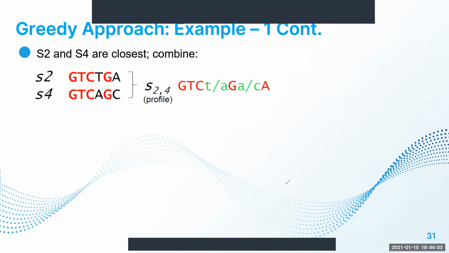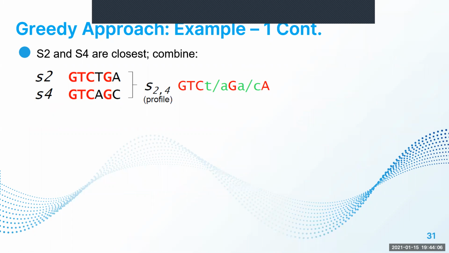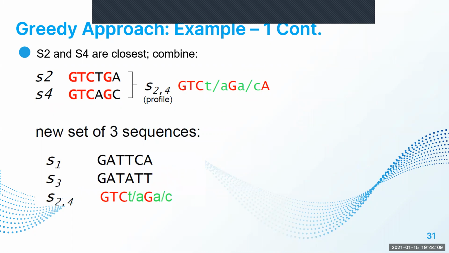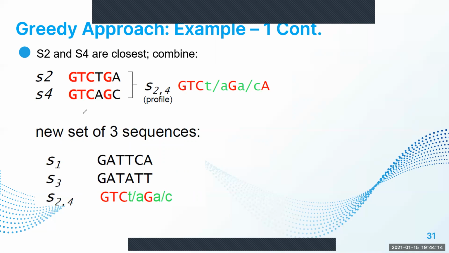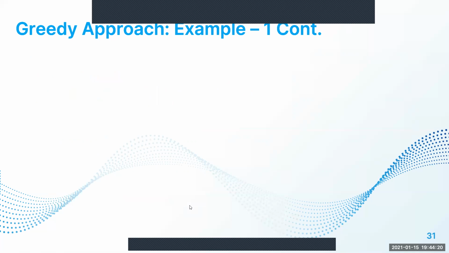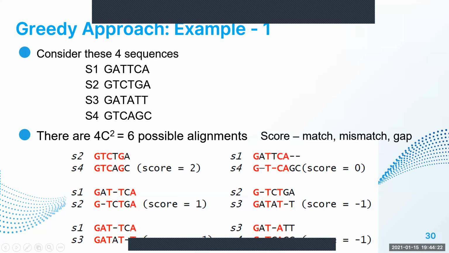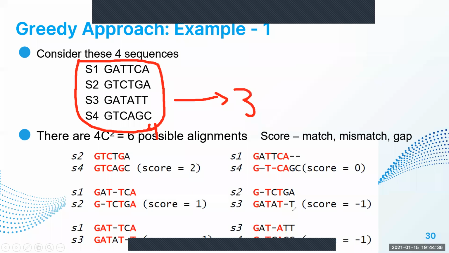Okay, I'll do the example next day. So it's around 7:45. As I continue this example, at the first place you have 4 sequences. After you've done one iteration, these 4 sequences are reduced to 3, because you combine two of them and write it as a profile.